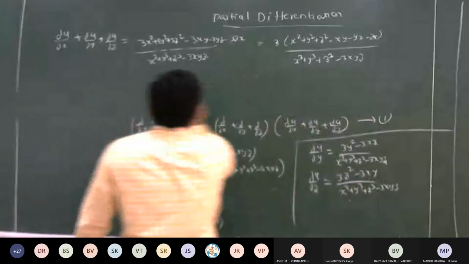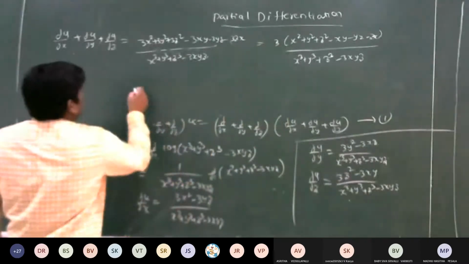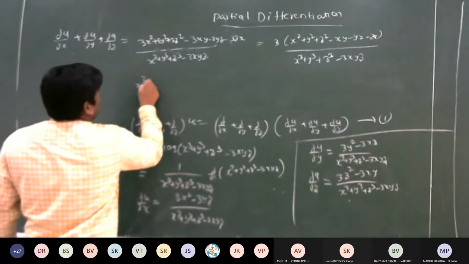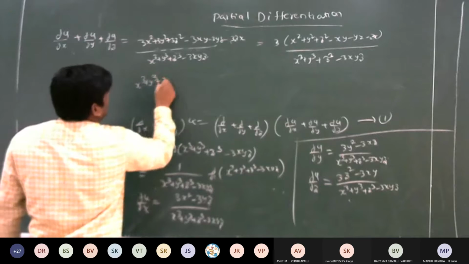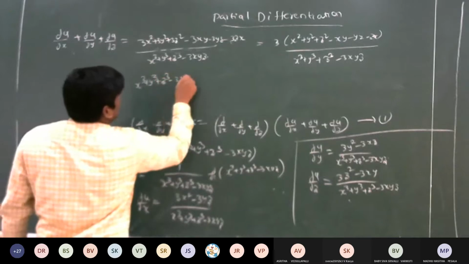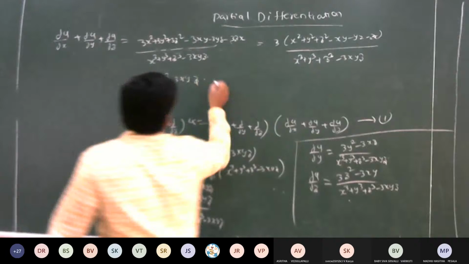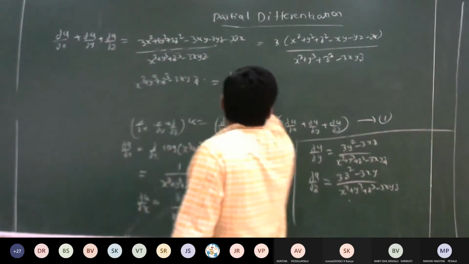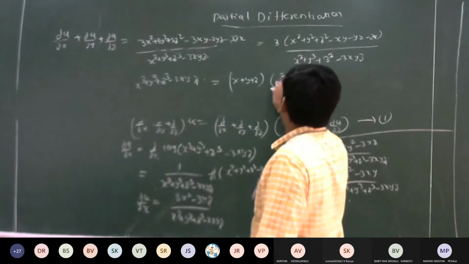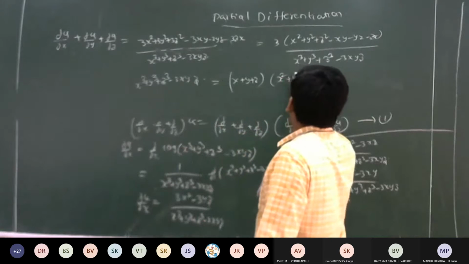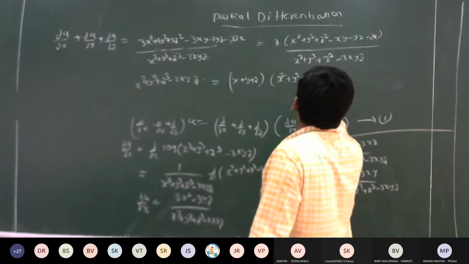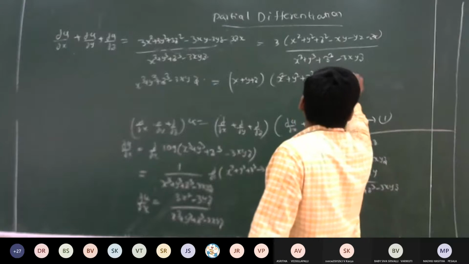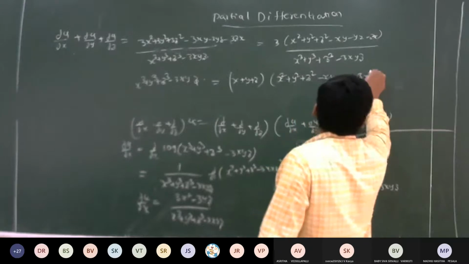What is the formula? x³ + y³ + z³ − 3xyz is equal to (x + y + z) into (x² + y² + z² − xy − yz − zx).